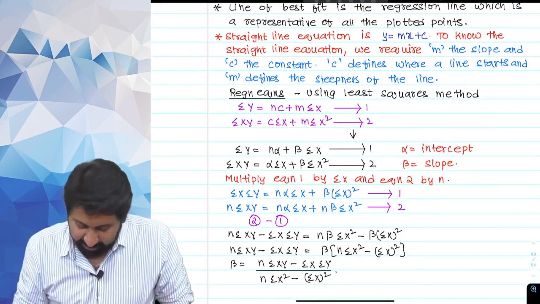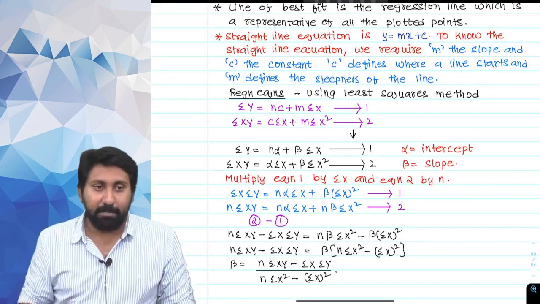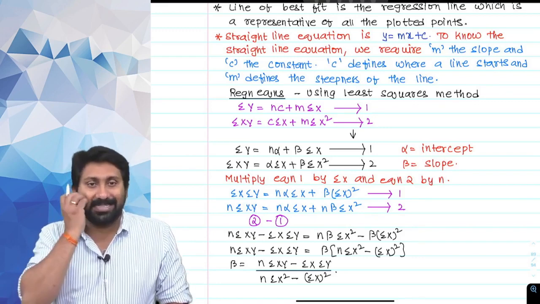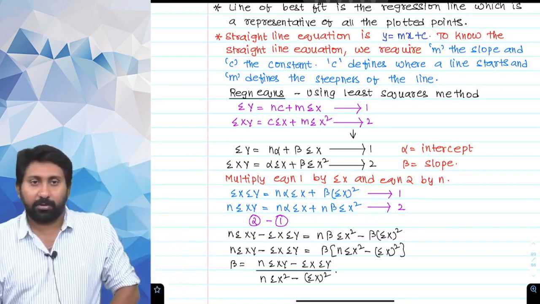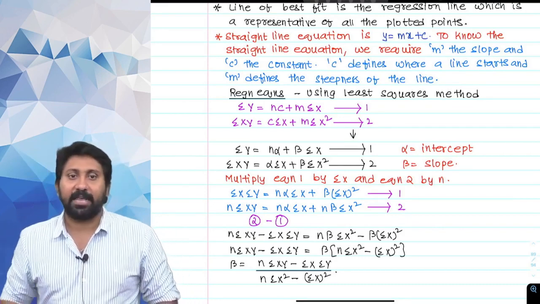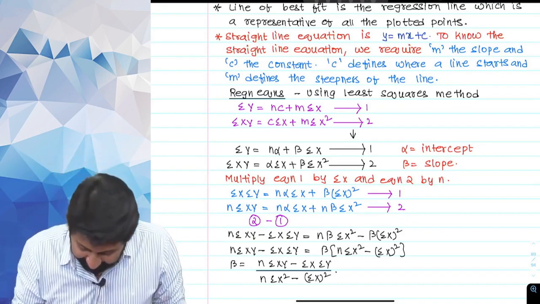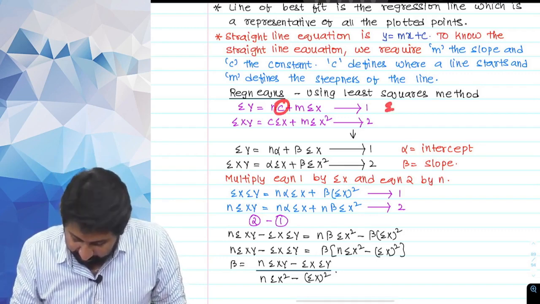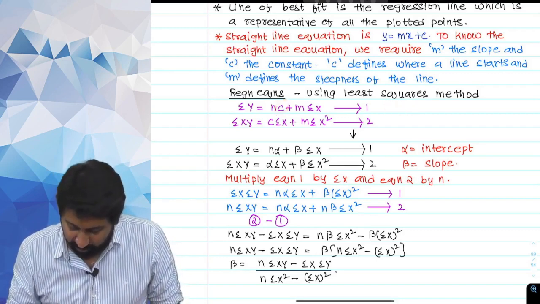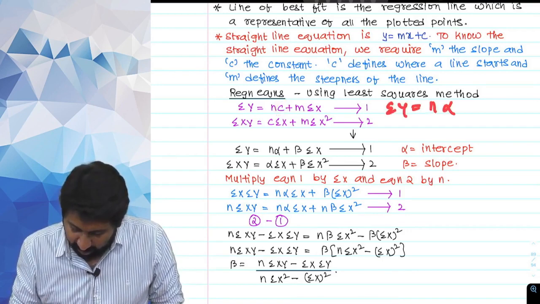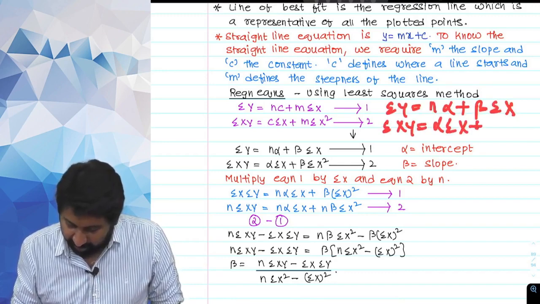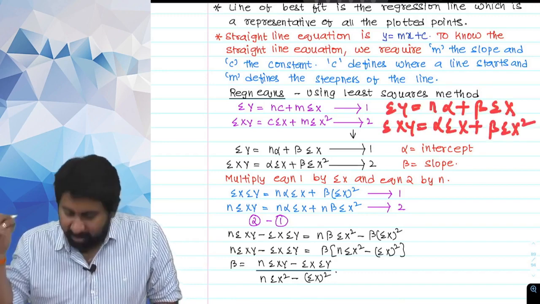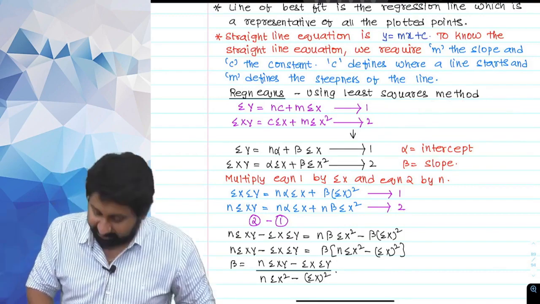Sigma y equals NC plus M sigma x. Sigma xy equals C sigma x plus M sigma x square. So C means alpha and M means beta: sigma y equals N alpha plus beta sigma x, and sigma xy equals alpha sigma x plus beta sigma x square.